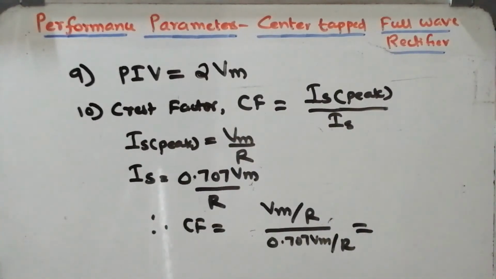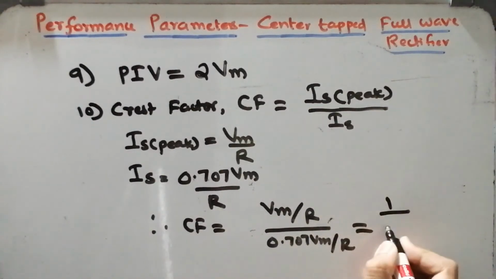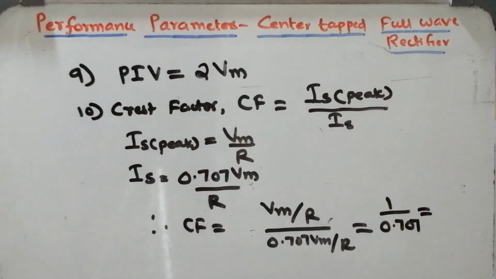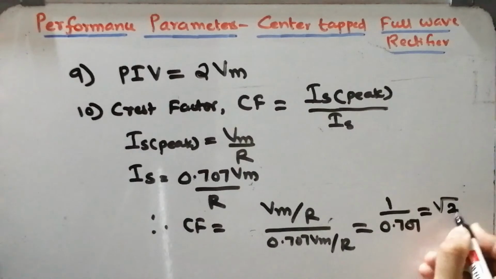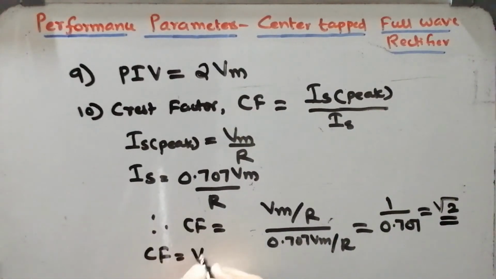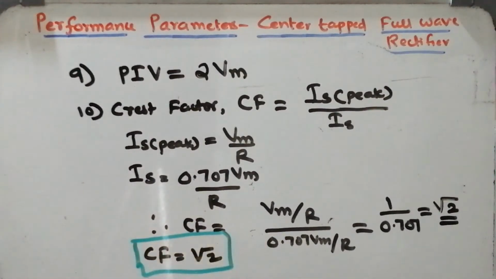If you simplify, I will get 1 by 0.707, that is nothing but 1.414. So 1.414 means root 2. So crest factor CF is equal to root 2. You can underline this point: the crest factor of a center tapped full wave rectifier is equal to root 2. This will be useful for competitive examinations.